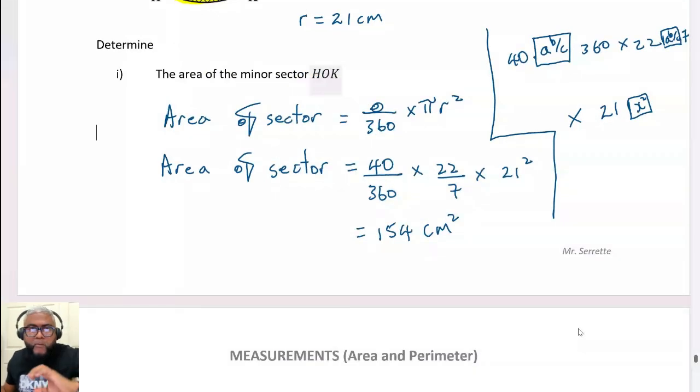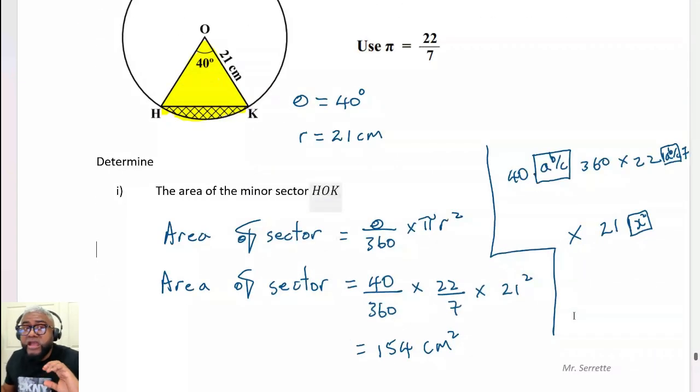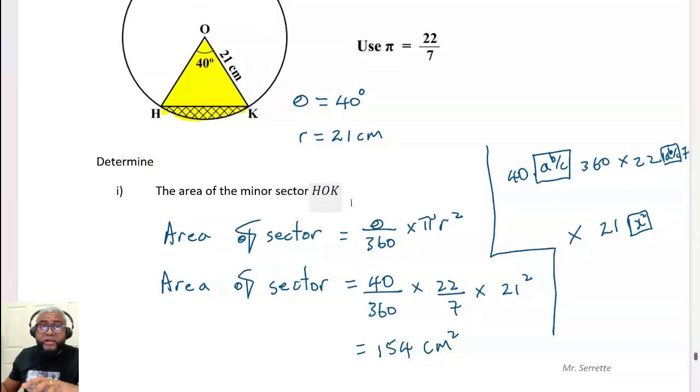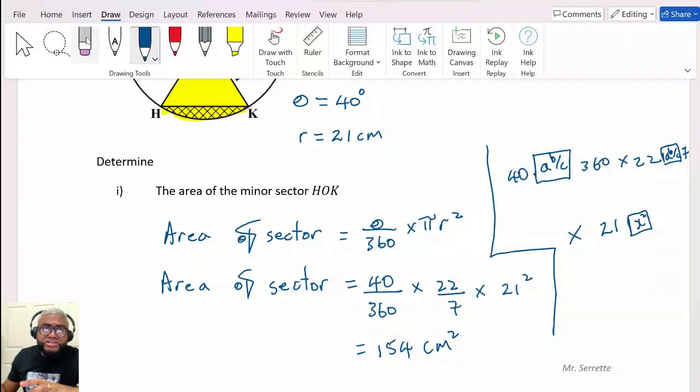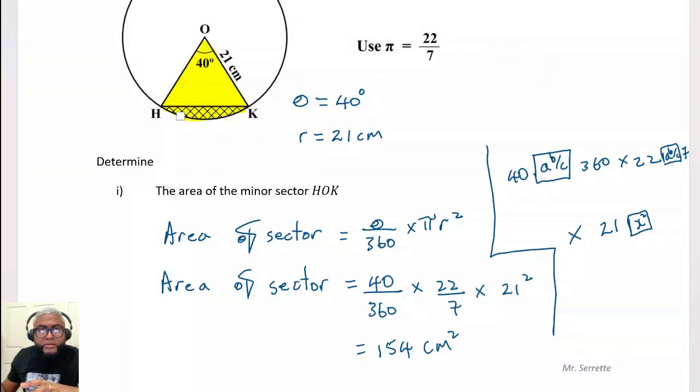154 flat. Right. So that's the area of the sector which is shaded in yellow. Now the question says, given that the area of the triangle HOK is equal to 141.73 centimeters squared. I'm going to erase the yellow shading.